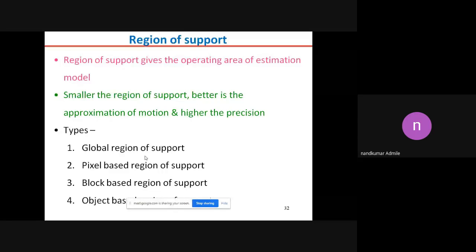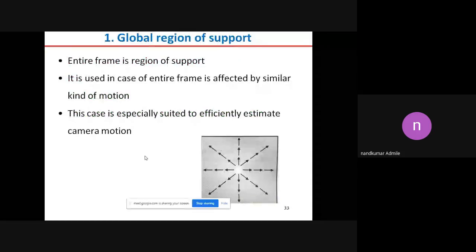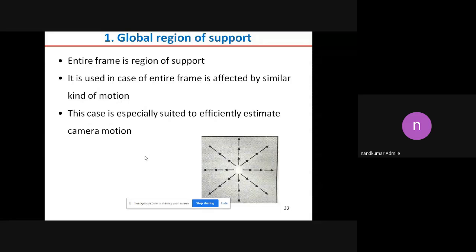The first is the global region of support. First we need to understand what global is, and what a global region of support is. In a global region of support, we consider the entire frame.